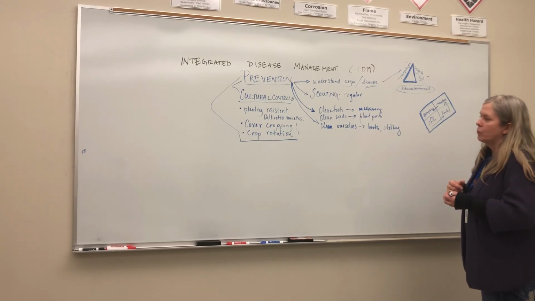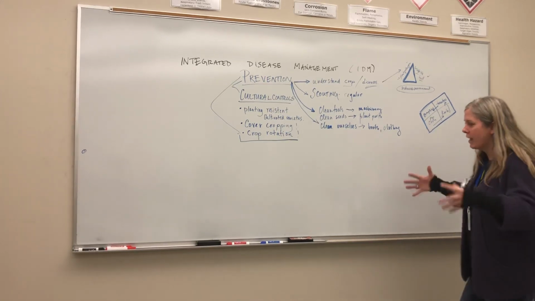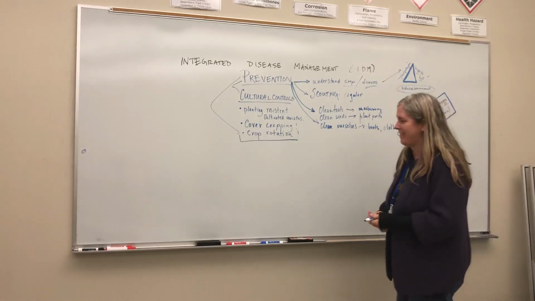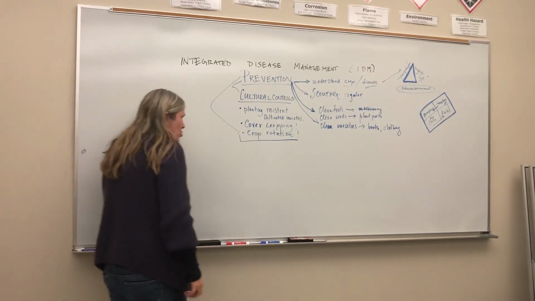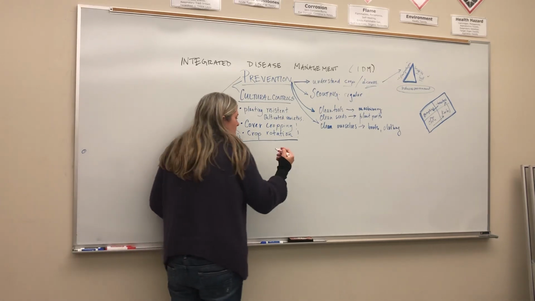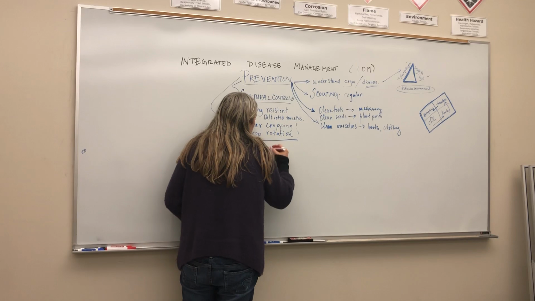So what else? Planting resistant varieties, cover cropping, crop rotation. Oh, I know there's more. There's one huge one, really big, massive, gigantic, huge. If you live in New Jersey, it's huge. This is one we're just really focusing on more now.